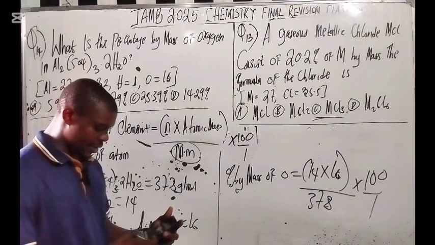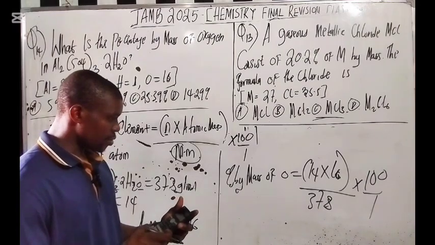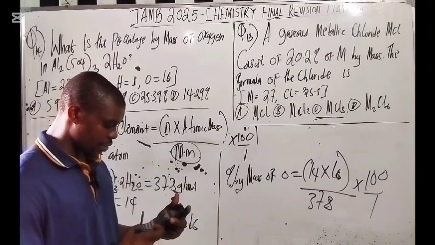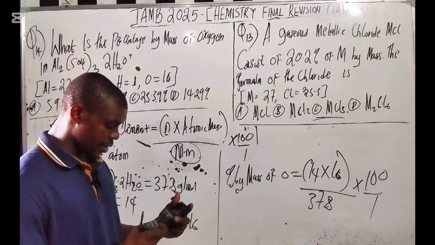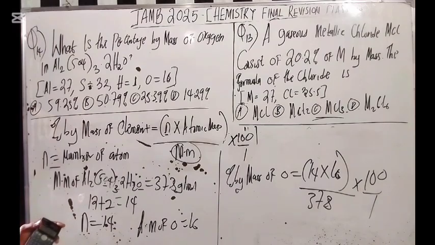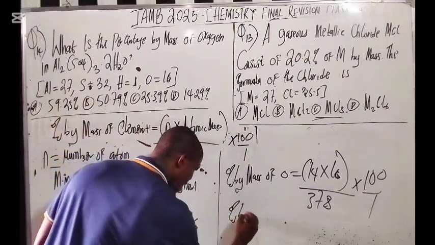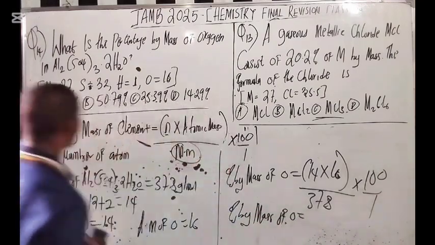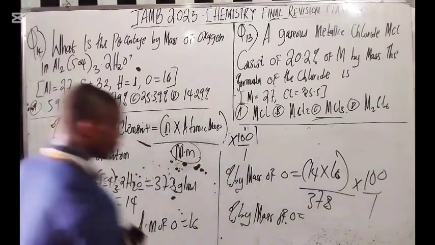So it will be 14 times 16 times 100 divided by 378. This gives 59.25. So this is the answer here. So percentage by mass of oxygen equals 59.25.